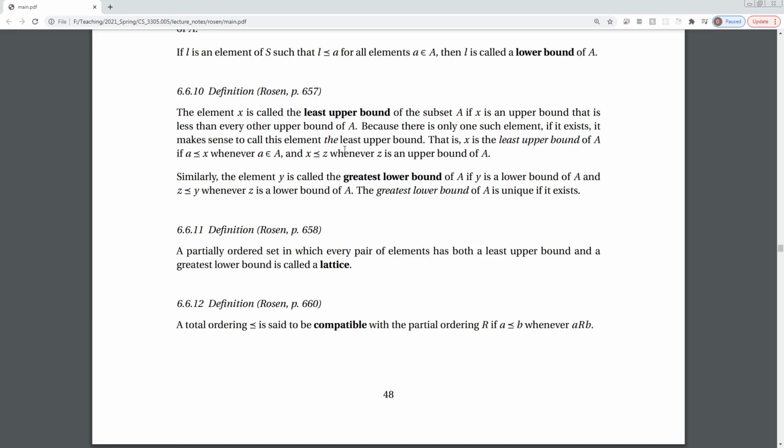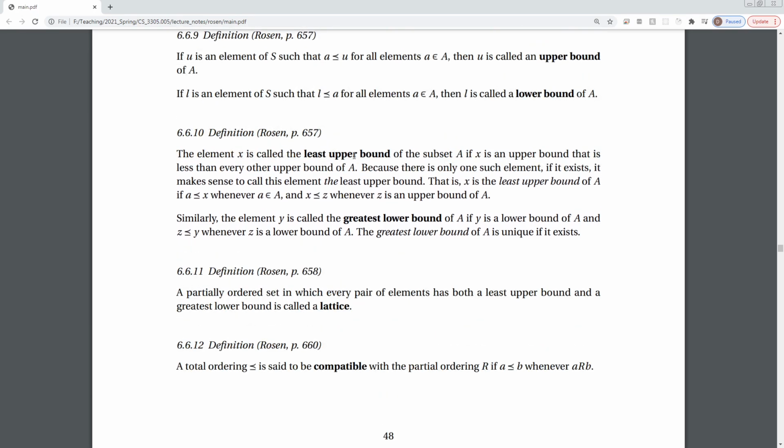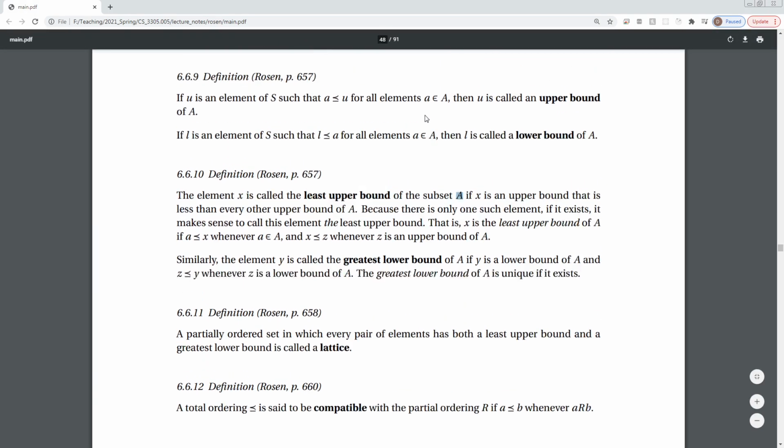So then now the least upper bound, if it exists. Some element x is called the least upper bound of that subset A if x is an upper bound that is less than every other upper bound. So in some cases, it's the maximal element from this subset.